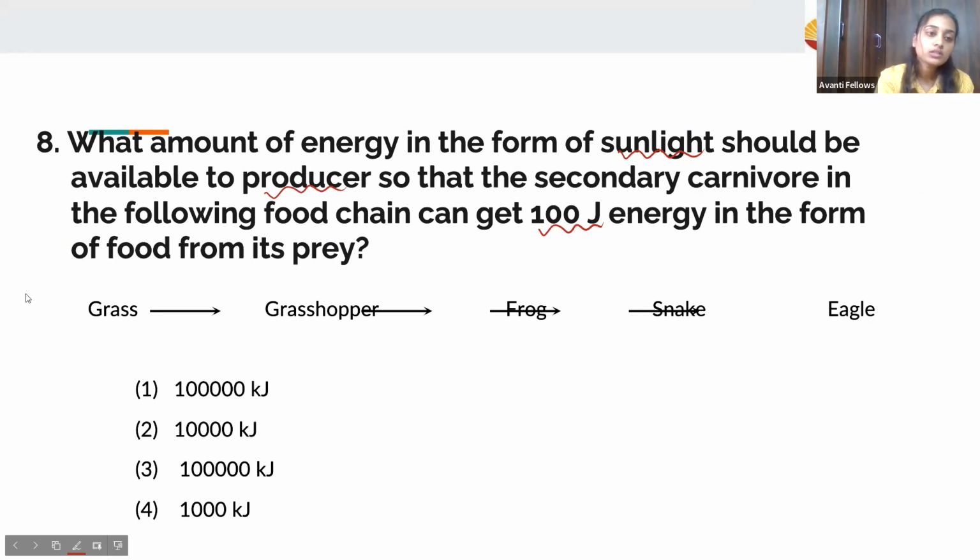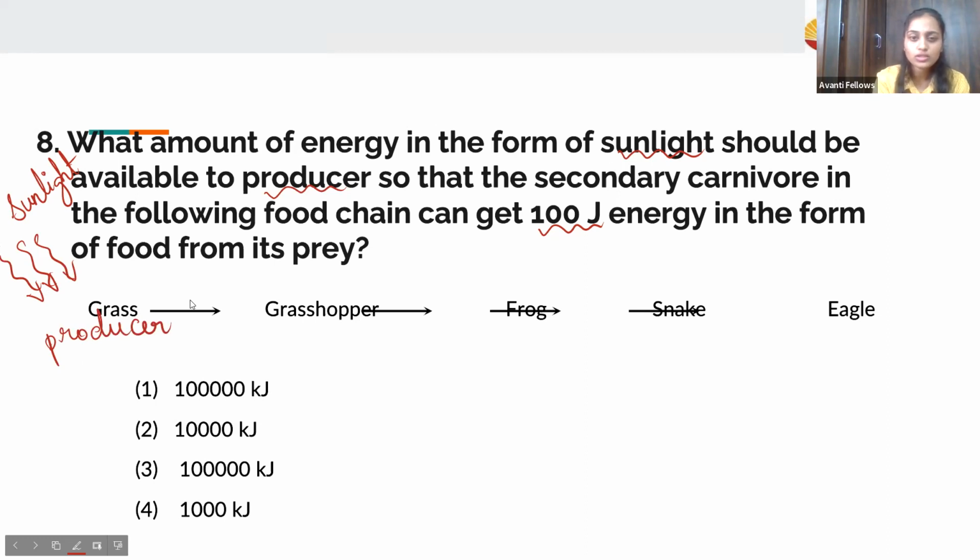So here they say that the producer is getting the energy from the sunlight, correct? Here the grass is the producer. And what is a secondary carnivore? Obviously, the snake is the secondary carnivore.